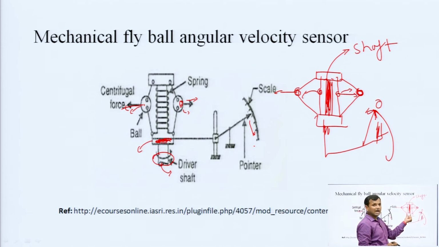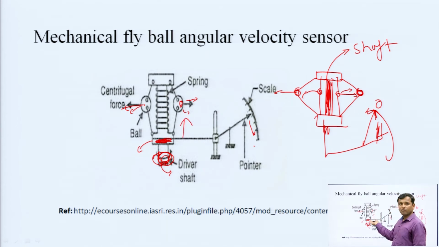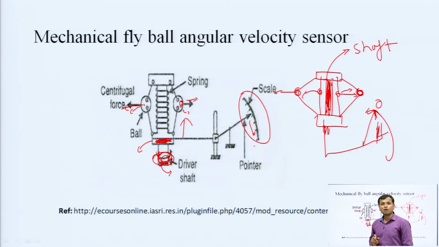When the shaft rotates, because of the centrifugal force, the balls get away from the shaft, the weight is moved up, and you get a proportional reading on the counter.